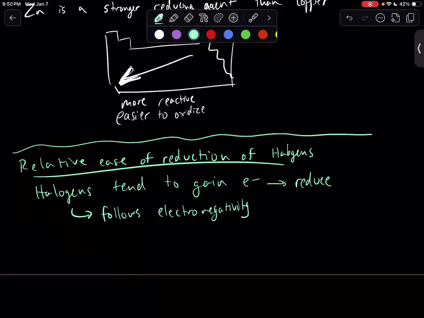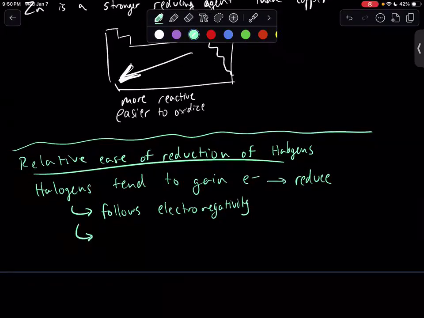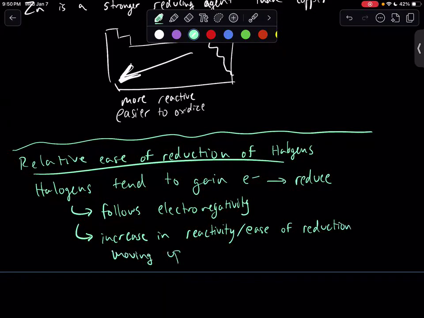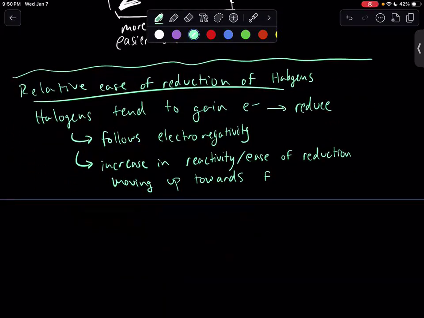So we're going to increase in reactivity, or increase in ease of reduction, moving up towards fluorine, with fluorine being the most likely to reduce. That's about it for halogens.